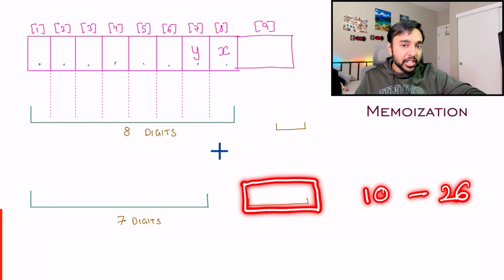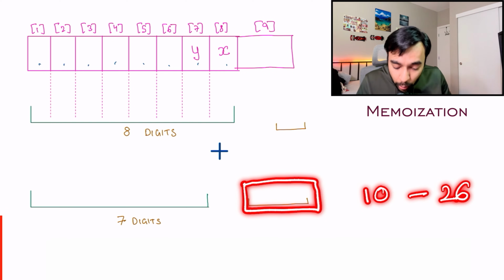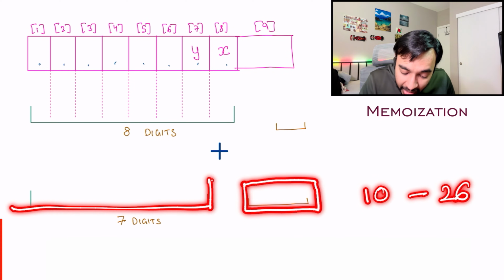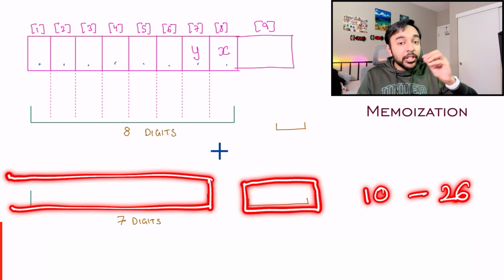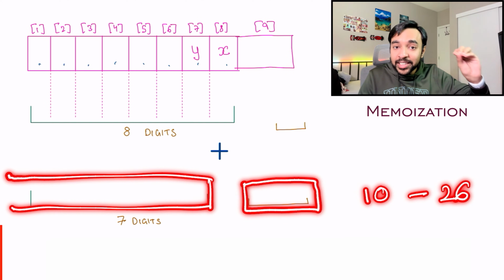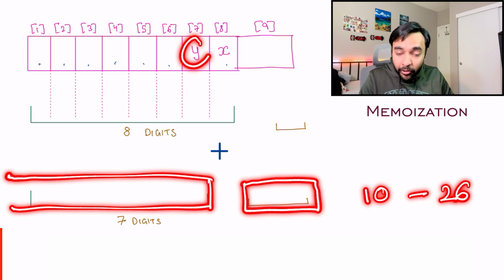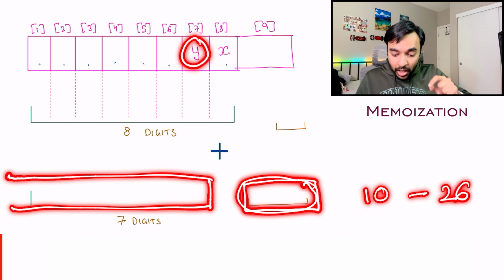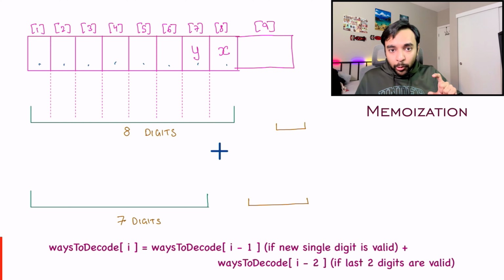When these last 2 digits are valid, what is the total number of ways to decode? The total number of ways to decode will be the number of ways you have decoded your last 7 numbers, that is y, plus this new number, if it is valid. So this gives me an equation.